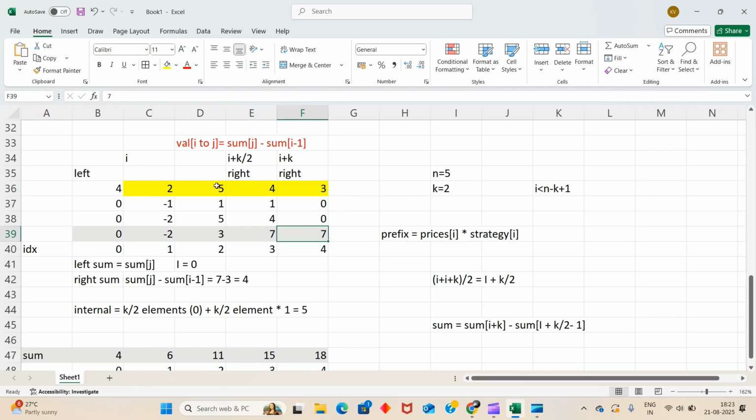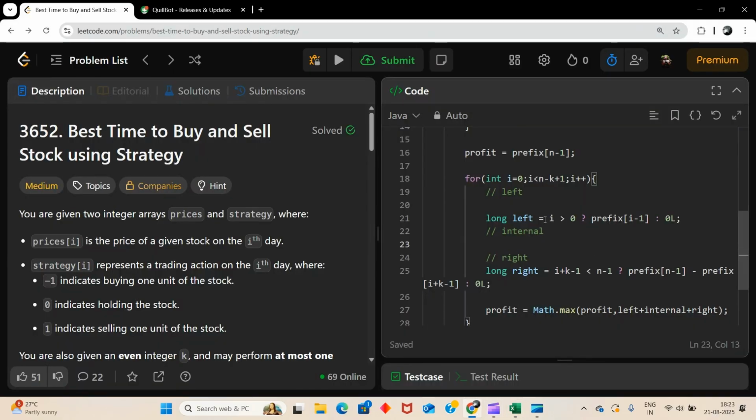Again, when we are doing this i plus k by 2 minus 1, in that case, if my i plus k by 2 is 1, that means my i is... okay. The same way where we were checking if my i is greater than 0 or not. Here we are checking if my i is greater than 0.